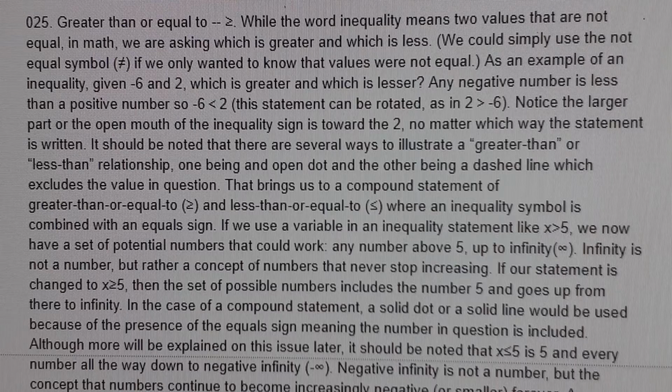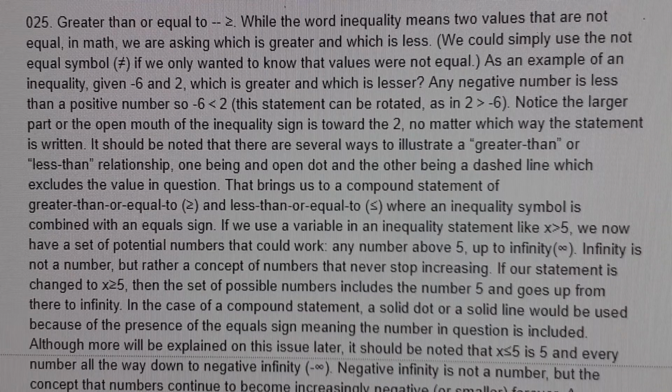The symbol for negative infinity is a negative sign and an infinity sign, which is an 8 laying down on its side. Negative infinity is not a number, but the concept that numbers continue to become increasingly negative, or smaller, forever.